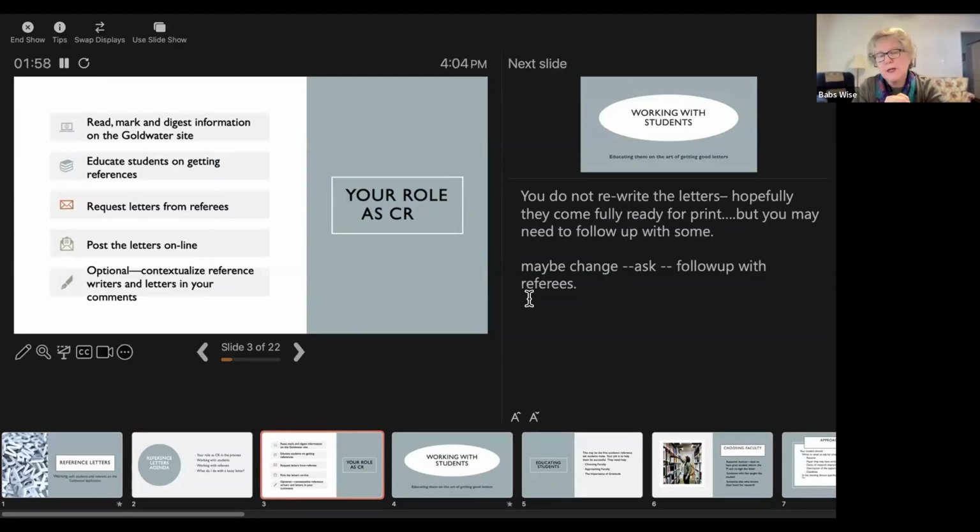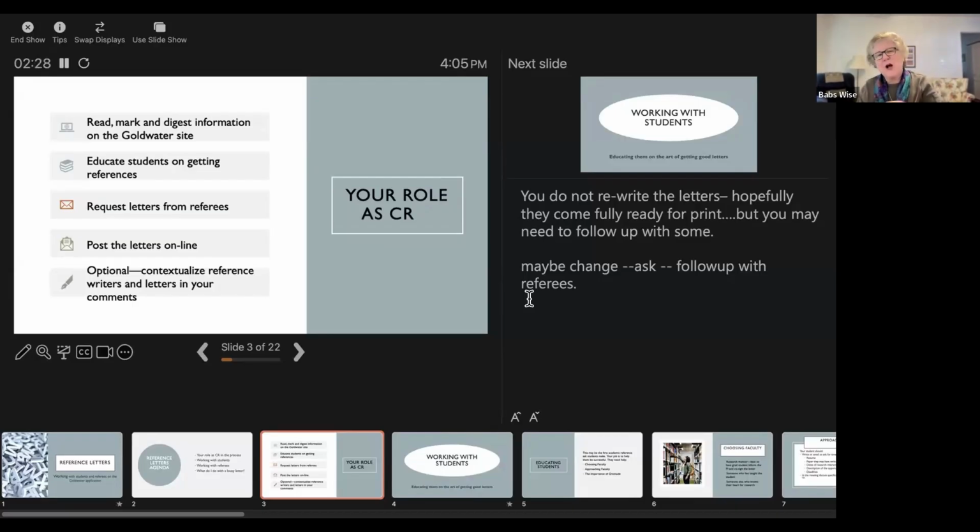Your most important job is to lead these students in getting references, and I call it educating them. I think this is a time when we, whether we're fellowship advisors or faculty, it's an important education process. And then with the Goldwater, you actually will be requesting the letters from the referees, and so you have a role there. And then posting them online.